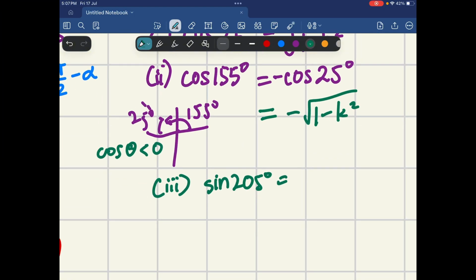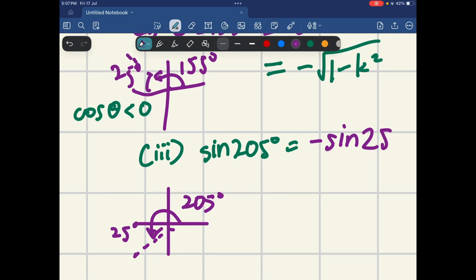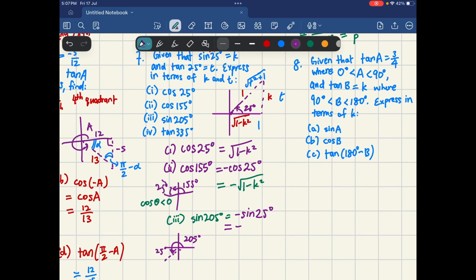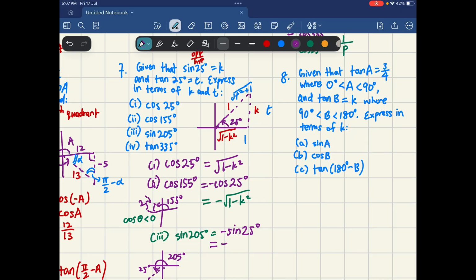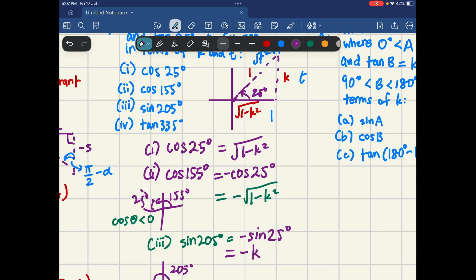If we draw it out, I know we have to draw a lot of diagrams for these type of questions, but you get used to it. So you get your reference angle to be 25 degrees. But it'll be negative because it's in the third quadrant, and sine in the third quadrant is negative. So minus sine 25 will be minus k. It's given in the question.